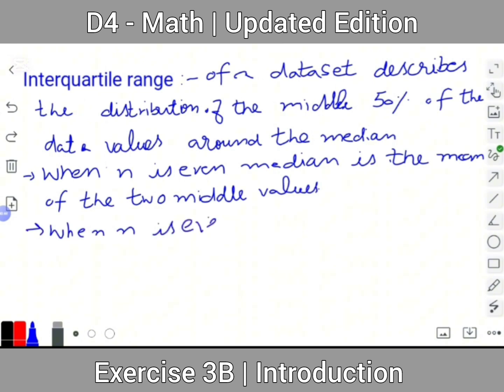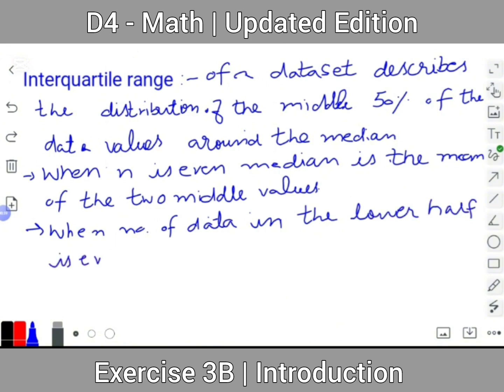When the number of data in the lower half is even, Q1 is the mean of the two middle values.